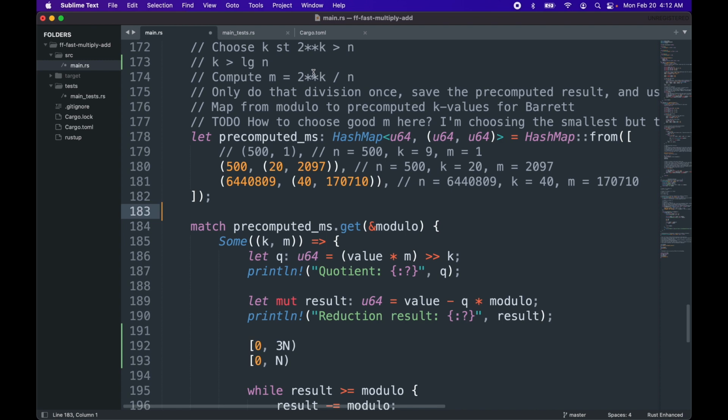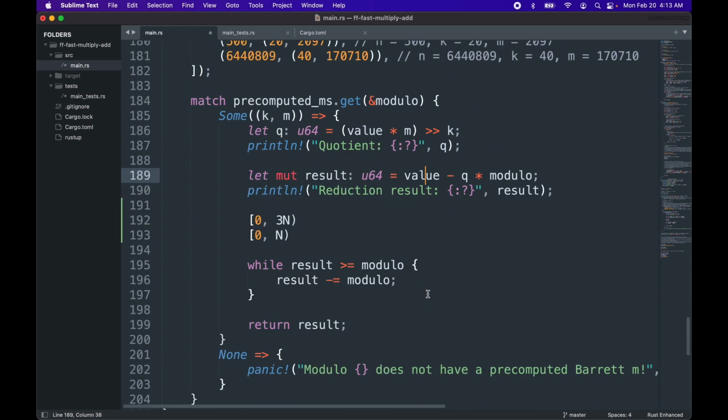None of this is crazy. You just do this division one time and then get to use it in the future. And it makes sense that bit shifting is the cheap way to get around doing division.